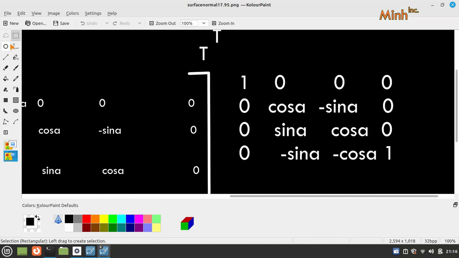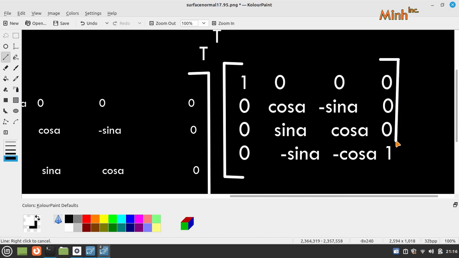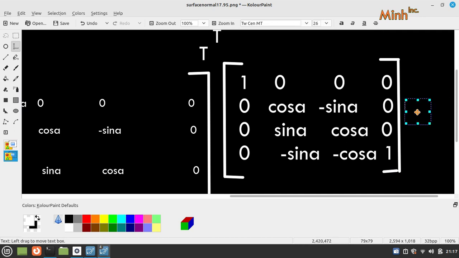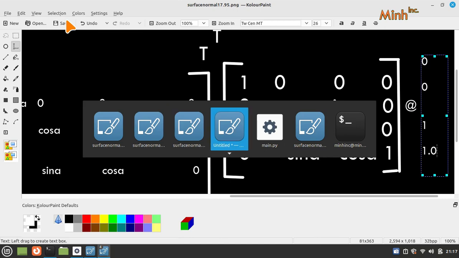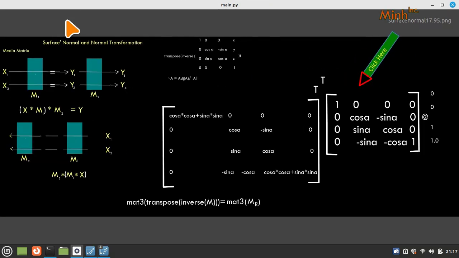Okay, so now time has come. If this is the new transpose and inverse matrix, the input points are 0, 0, 1 and 1.0.